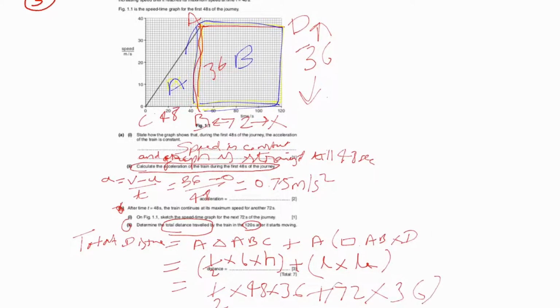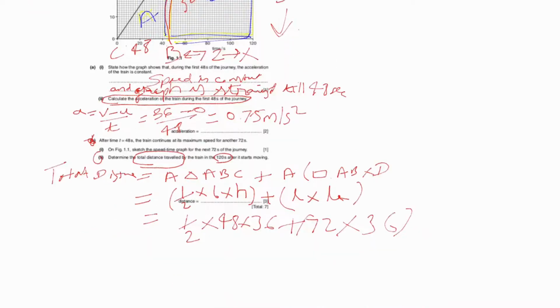I will solve on my calculator, so it equals 24 into 36 plus 72 into 36. So 24 into 36 equals 2592, plus 72 into 36 equals 864.